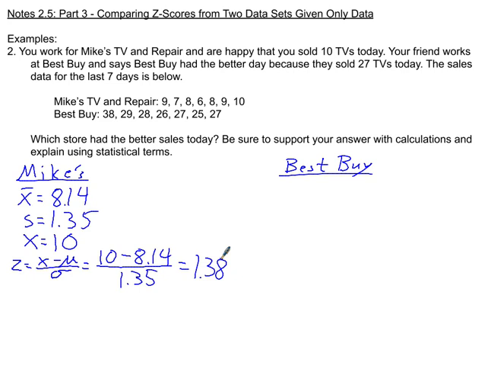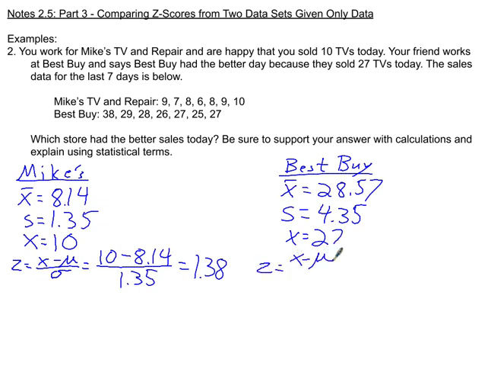So they sold more TVs than average, a little over one standard deviation. Still a usual amount of TVs that they sold. It wasn't an unusually good sales day. At Best Buy, we find that their mean is 28.57 and their standard deviation is 4.35, and their data value we are looking at is 27.